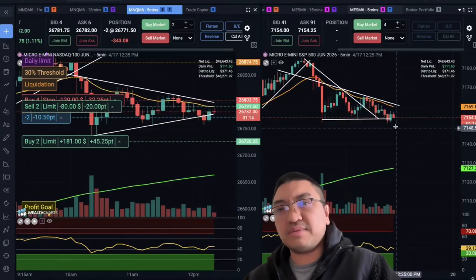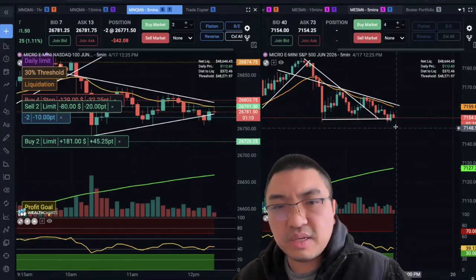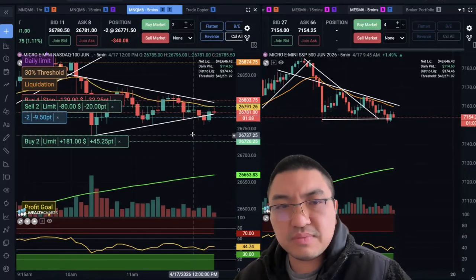ES keep moving down, moving down. NQ is reluctant to move down.